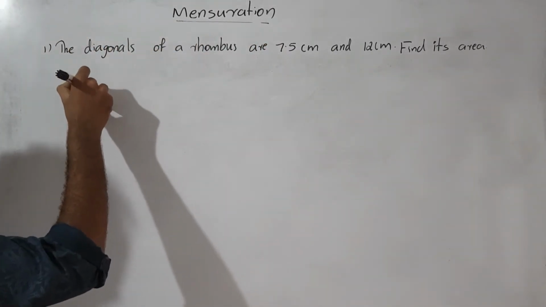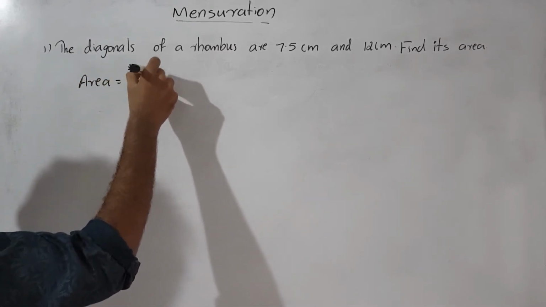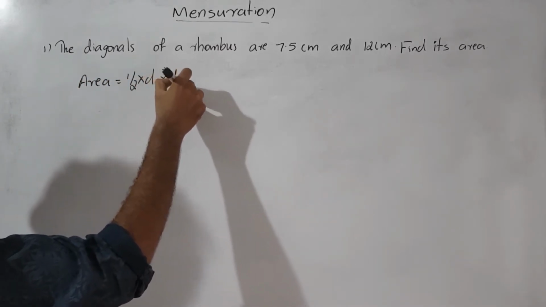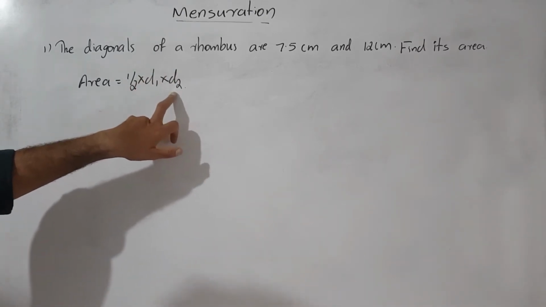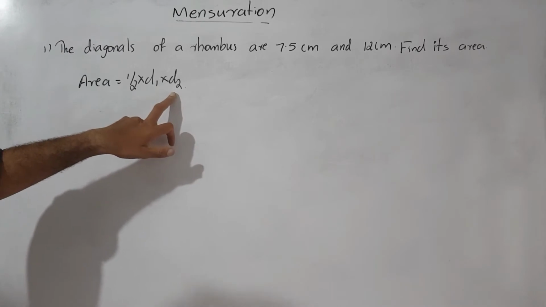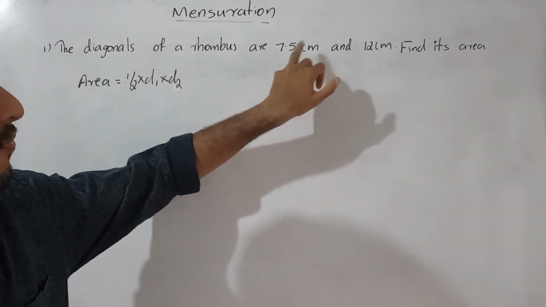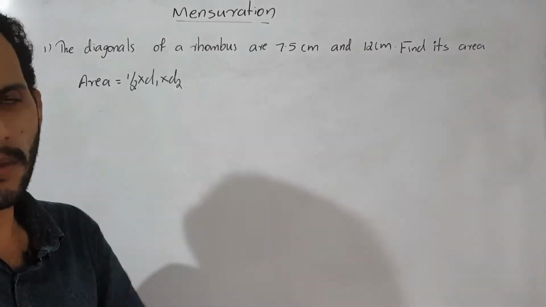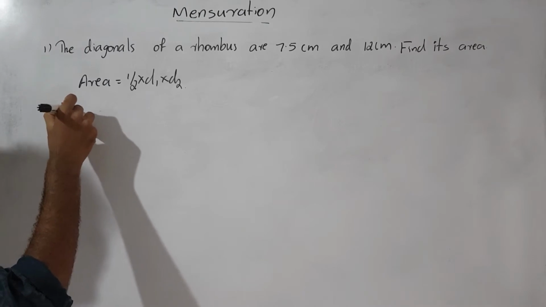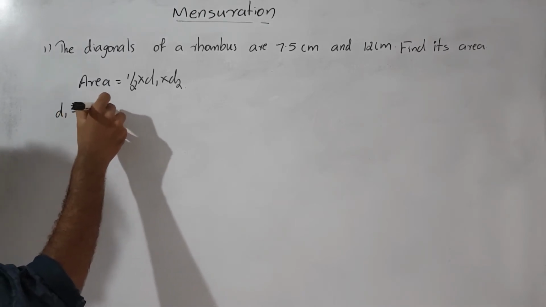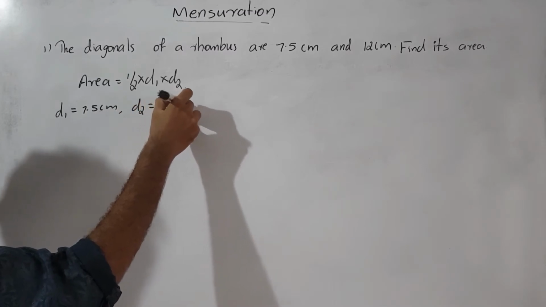The equation for the area of a rhombus is half into d1 into d2, where d1 and d2 denote the diagonal measurements. Here the two diagonal measurements are given: one is 7.5 centimeter, another is 12 centimeter. So we mark d1 equal to 7.5 centimeter and d2 equal to 12 centimeter.